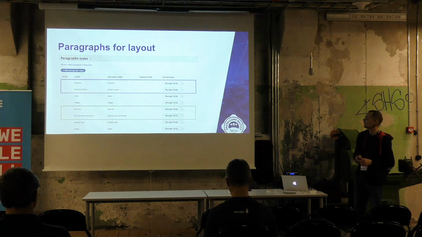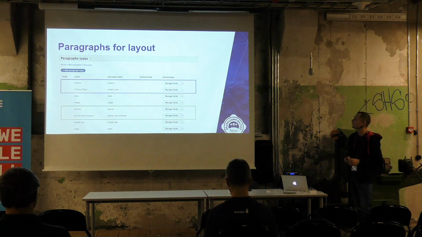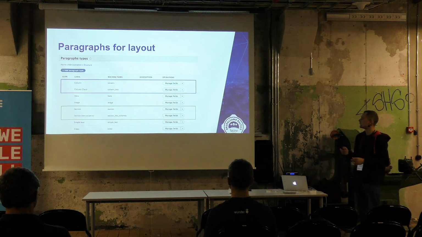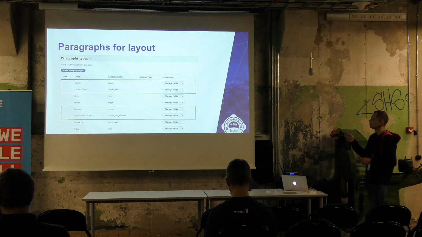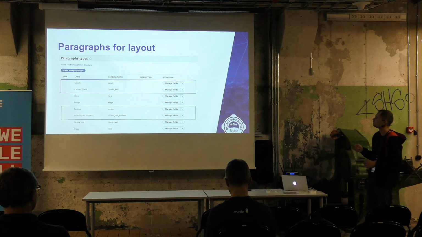So for that, I created several paragraph types: section and column. There's also section 2 columns and column 2, but I will explain a bit later why those are separated.